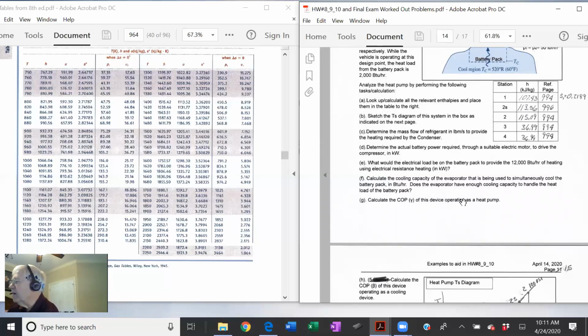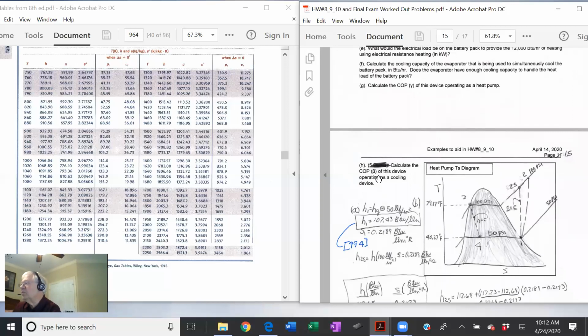Does the evaporator have enough cooling capacity to handle the heat load of the battery pack? And then it says calculate the COP of this device operating as a heat pump. Then we go on. Calculate the COP beta of this device operating as a cooling device. So it's 2 in 1.